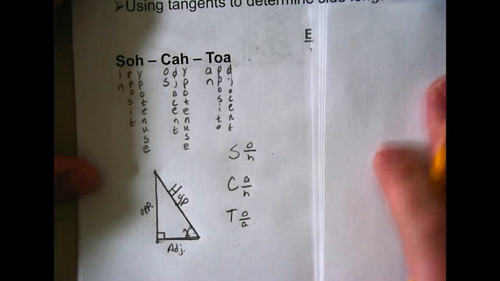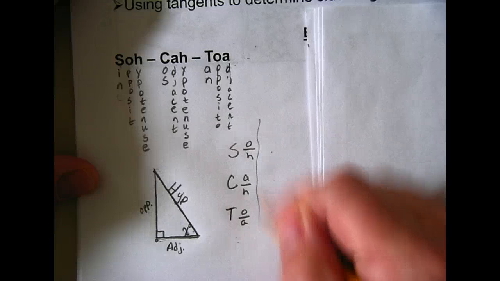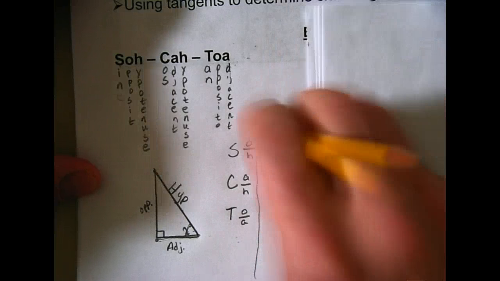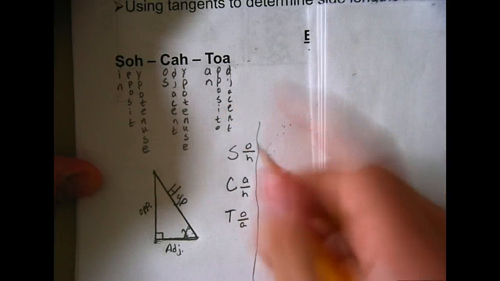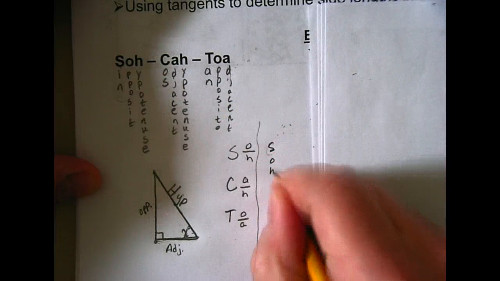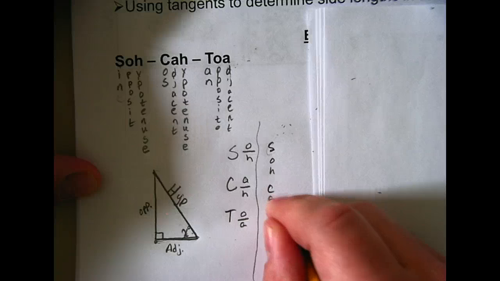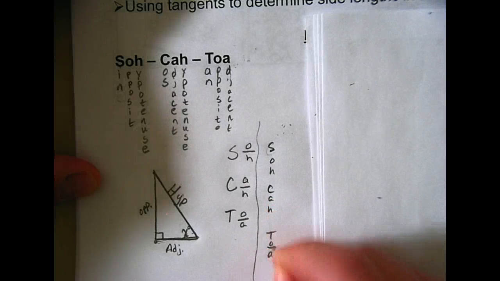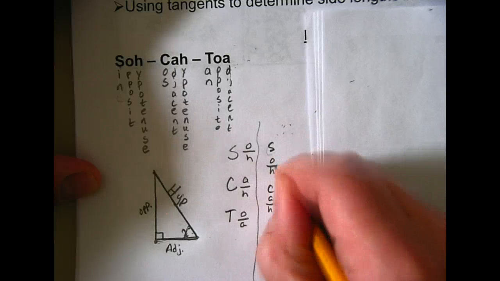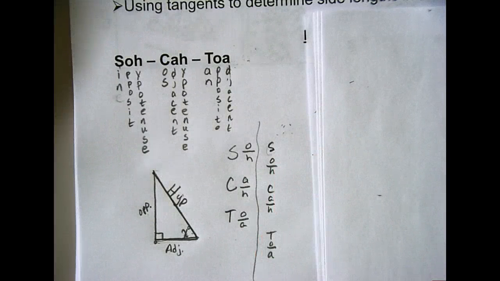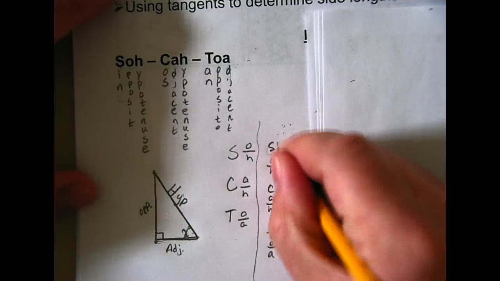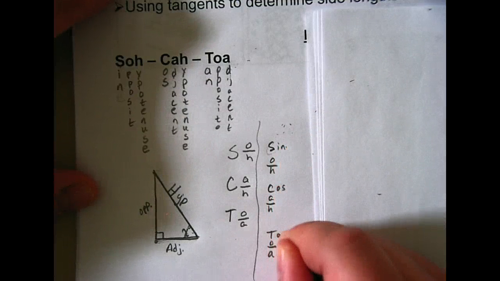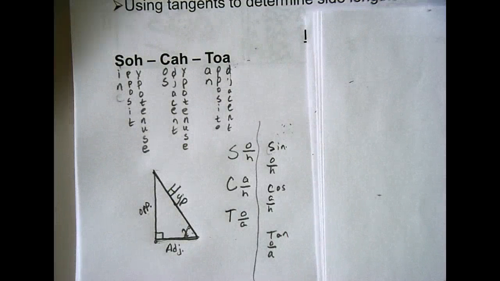I've seen some just write it vertically: so, ka, toa. So they just have it set like that. They write your sine, your cosine, and your tangent. I don't care how you write it, I just care that you remember it.